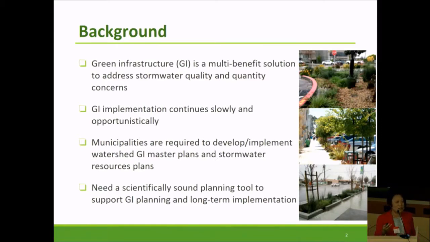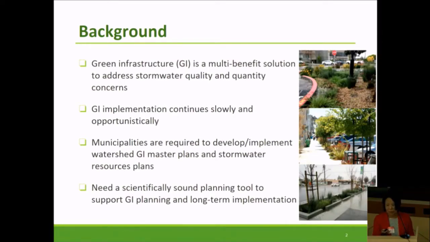So that's another reason. Also on the regulatory front, the Phase 1 permit in the San Francisco Bay Area requires the municipality to develop and implement a watershed-scale green infrastructure master plan to meet their TMDL requirement for PCB and mercury in the Bay Area.